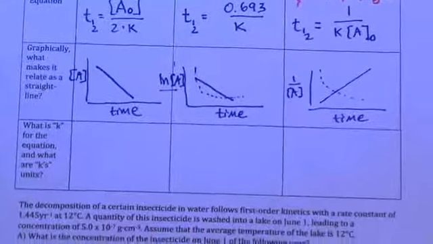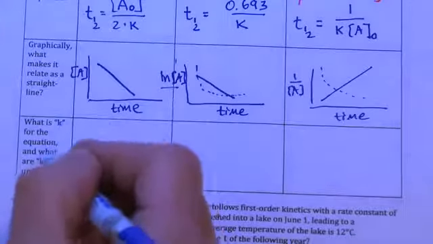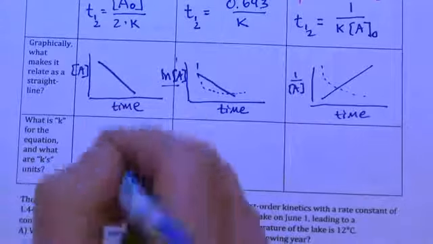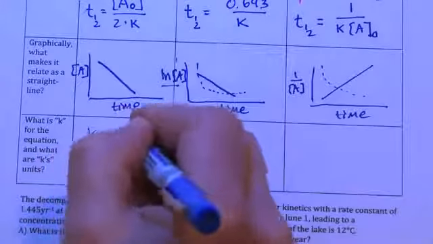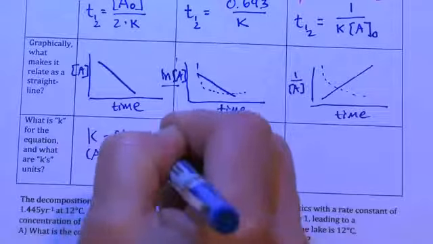And that's one way you can determine from some concentration and time data what the order of a reaction is. What is k for the equation, and what are k's units? Well, k, remember here, is the slope of a concentration versus time graph.